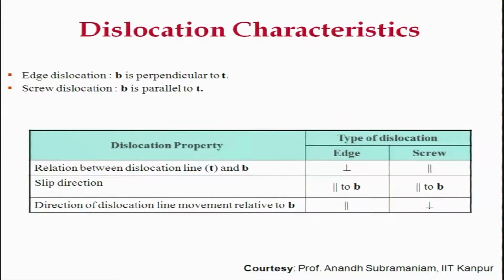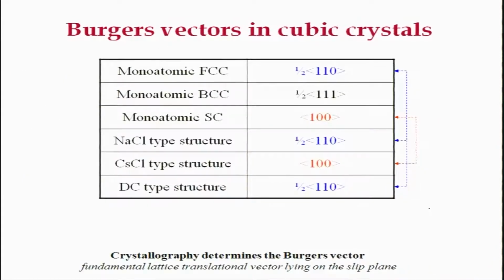And finally, I just wanted to show you the types of Burgers vectors in cubic crystals. The translation of the Burgers vector is always between two lattice sites, from one site to another identical lattice site. So for monatomic face centered cubic crystal, it is half 110 axis direction, for monatomic BCC it would be half 111, and for monatomic simple cubic it will be 100.